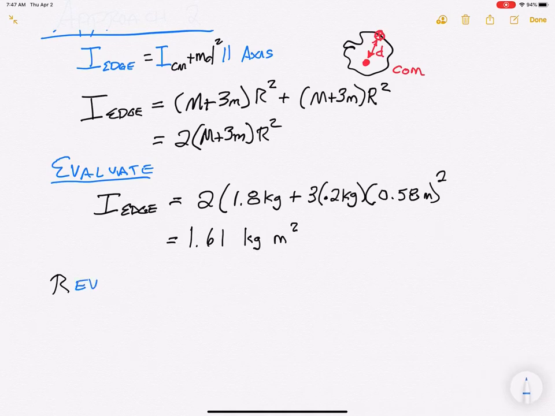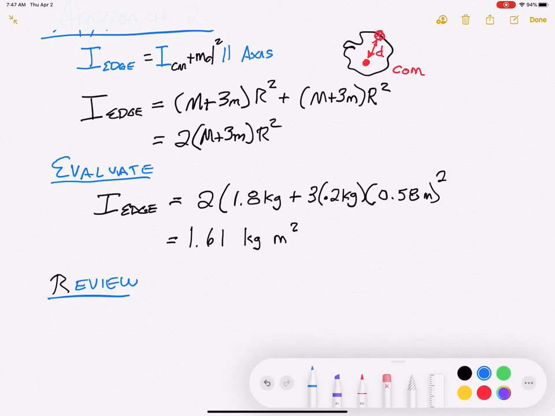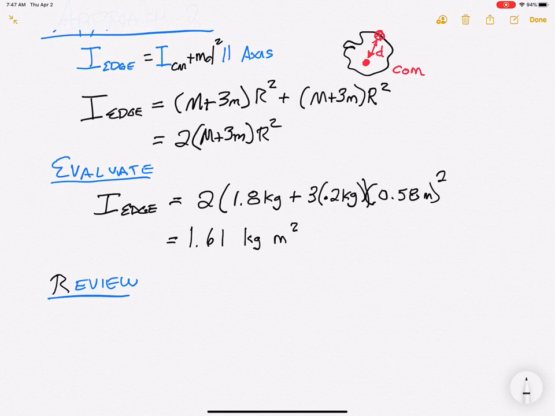So when we review our answer, this is difficult to do numerically. There's not necessarily a lot of experience in terms of just how big moments of inertia are. So part of what you can do to try to figure out if the review makes sense is just find the I center of mass of the ring itself.